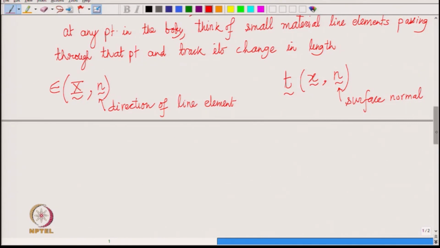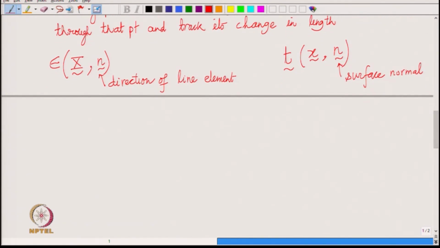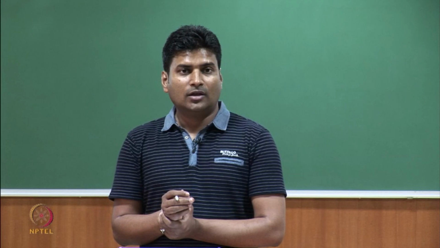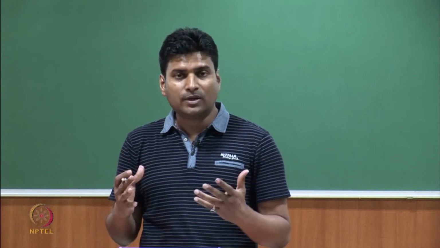Okay. So, now with this concept we will like to exactly find out the formula for the strain. See, right now it is just an abstract definition and we know what all it depends on, but we would like to find out a formula for the strain in terms of let us say the displacement in the body.